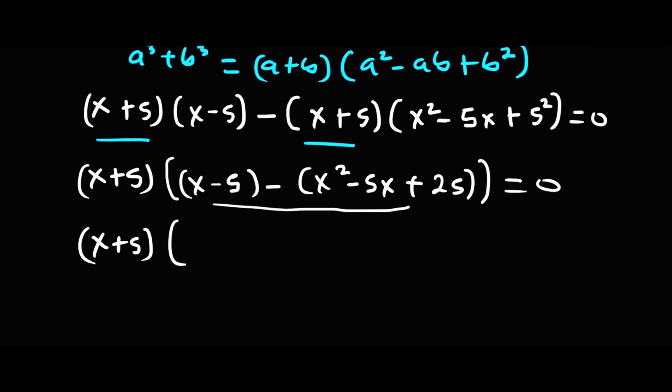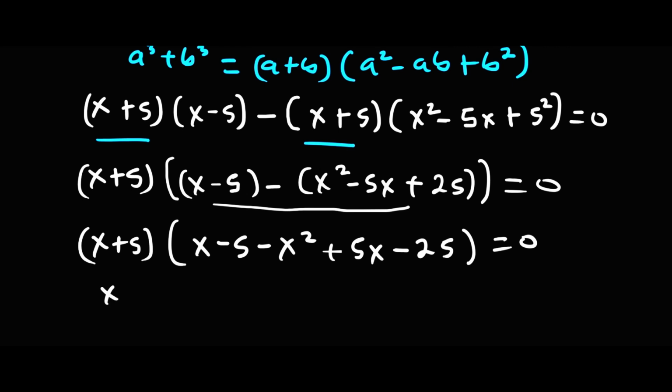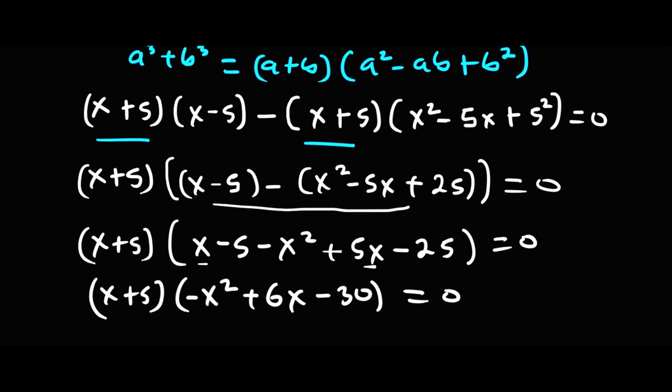So you're going to have x minus 5 minus x squared plus 5x minus 25 is equal to 0, so that you have x plus 5, and here now you have x squared, which is negative, and the x's, you have x plus 5x, that is plus 6x, and the constant ones, you have minus 5 minus 25, that is minus 30, is equal to 0.